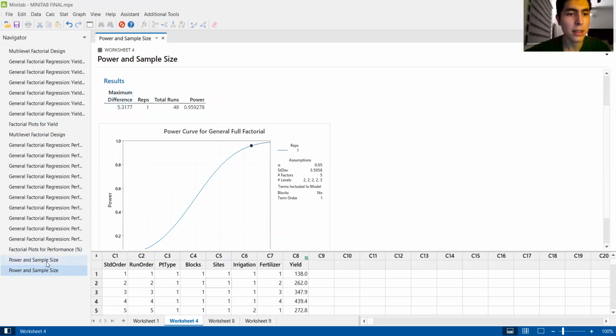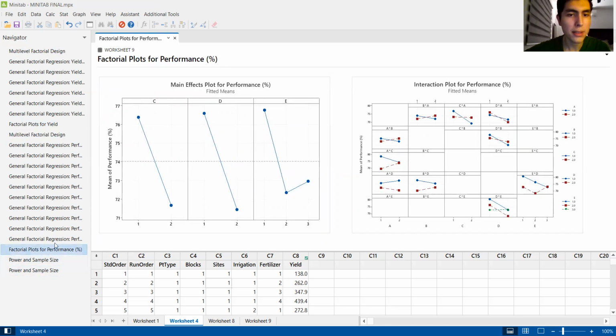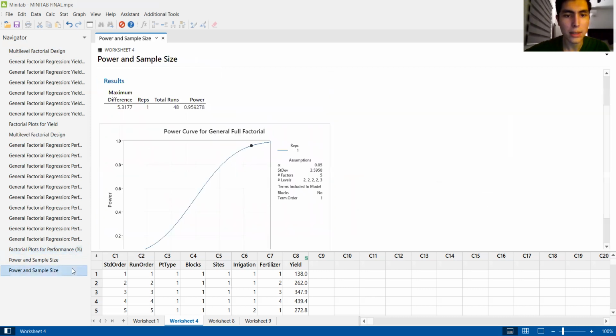I used the maximum difference between the means of the factors, which was 5.3177, and one replication, 48 runs.